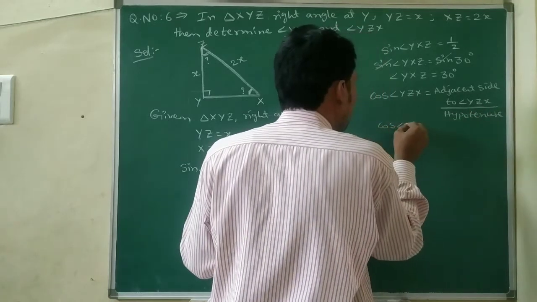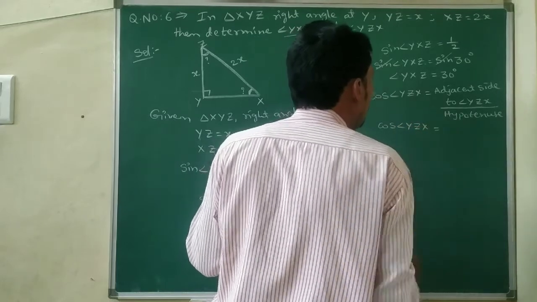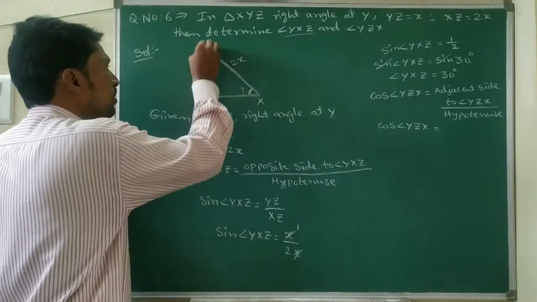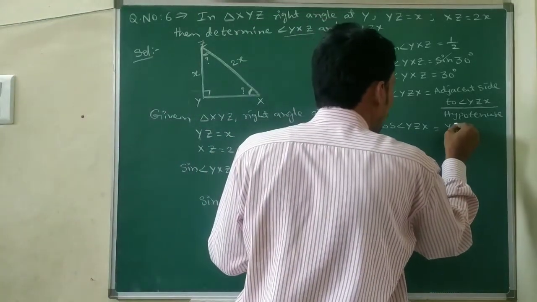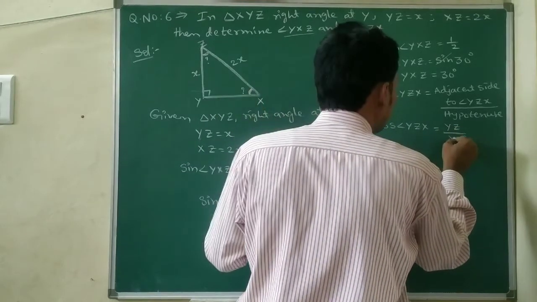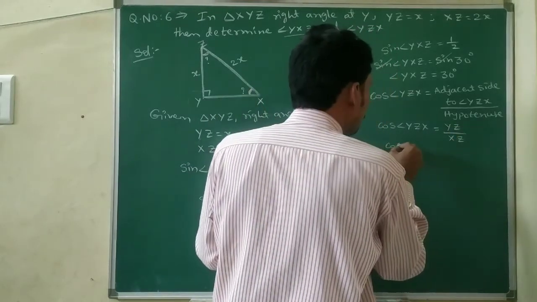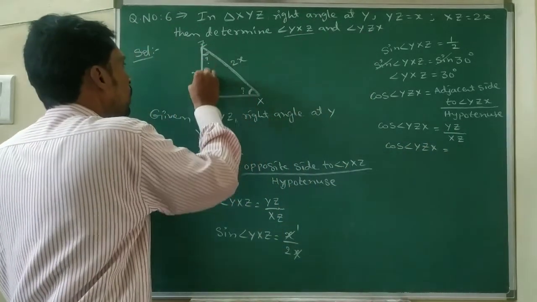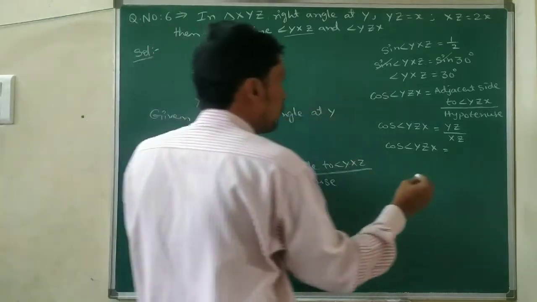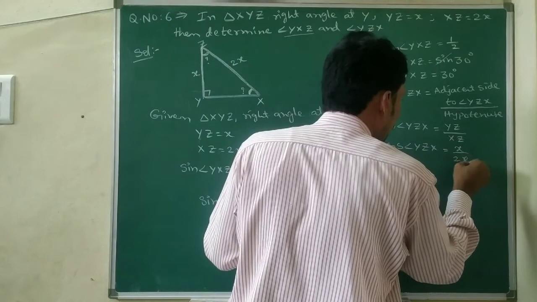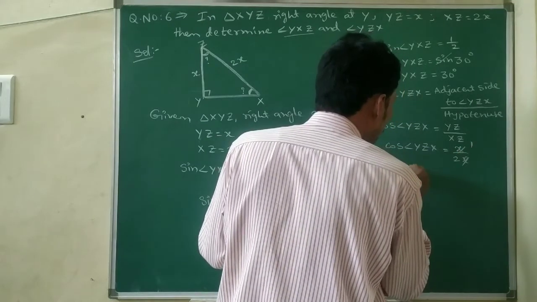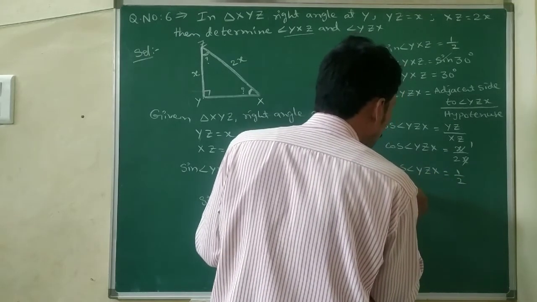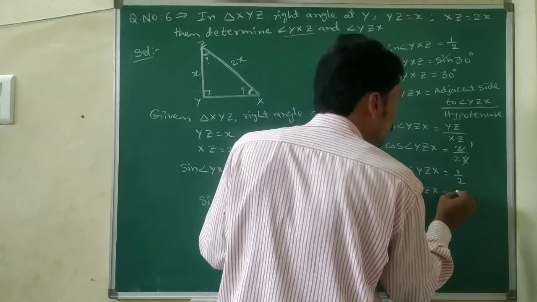So YZ by hypotenuse XZ. YZ value is X, XZ value is 2X. So X by 2X, X and X cancel. So cos of angle YZX equals 1 by 2.